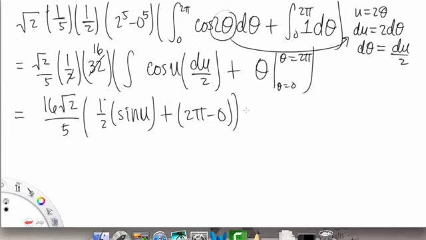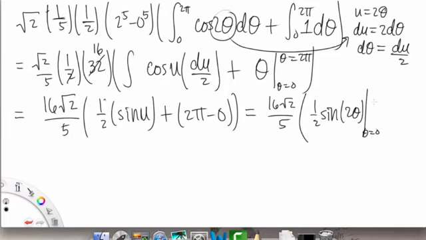Alright, so what we get is then 16 square root 2 over 5 times 1/2 sine, I'm going to replace this with the 2 theta. So now theta will go from 0 up to 2 pi, and this is plus a 2 pi here. Okay, we're almost there.